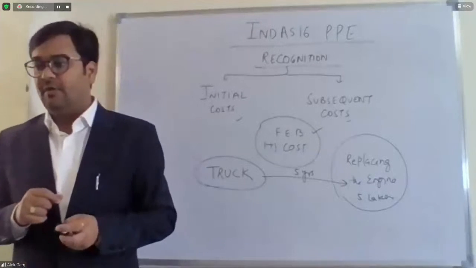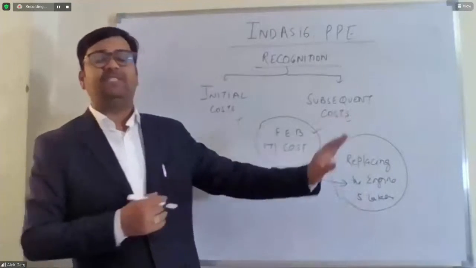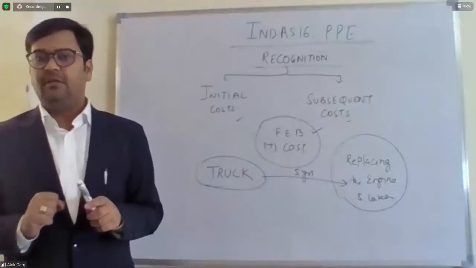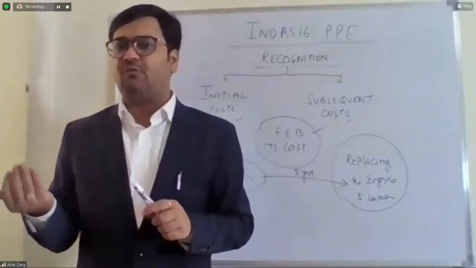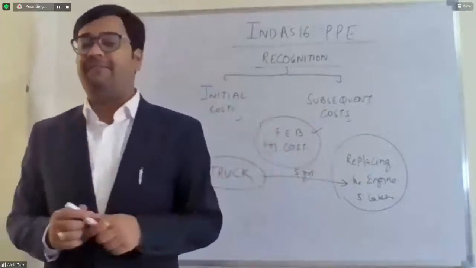And when the company expenses this 5 lakh rupees, I'm not talking about the small repair, I'm not talking about the servicing cost, which is required every 6 months or 1 year. I am talking about the major replacement cost of an engine, 5 lakh rupees.